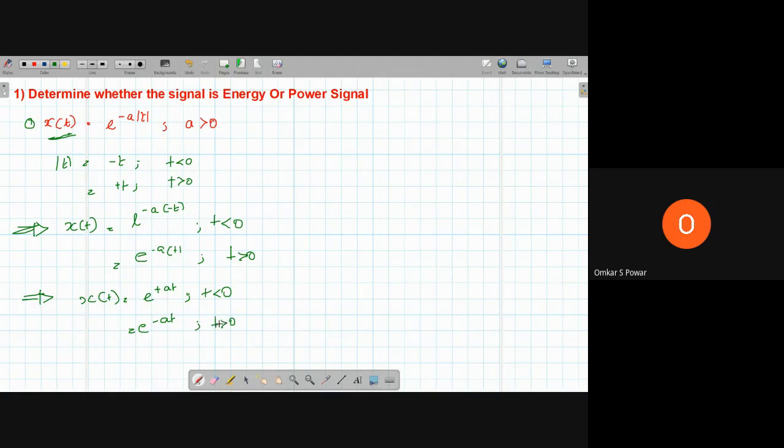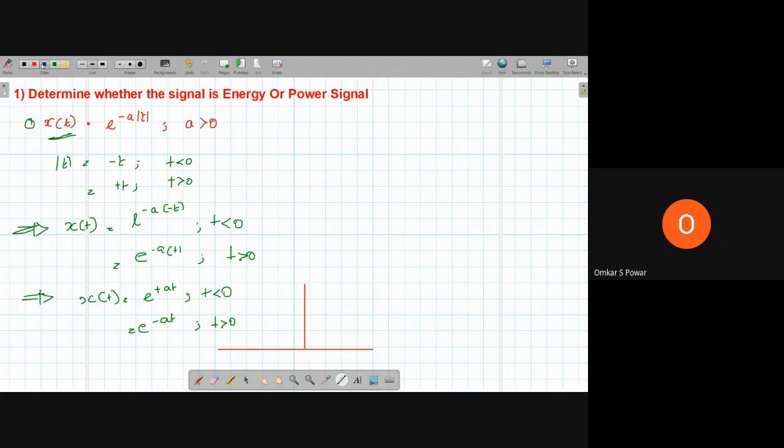Now if you want to plot this signal, how does it look? This is your y-axis, this is your x-axis.